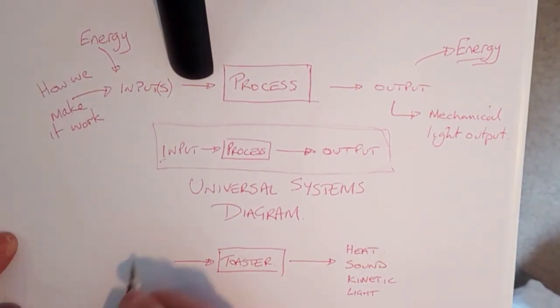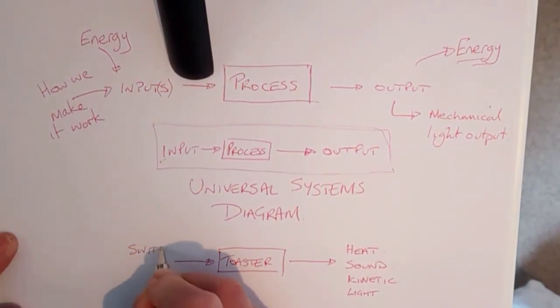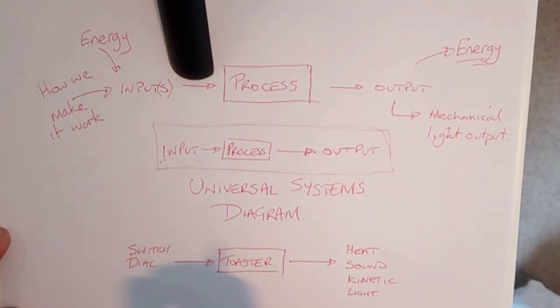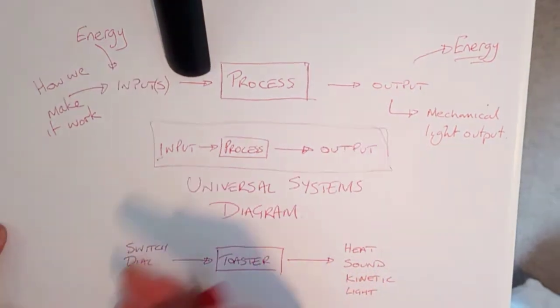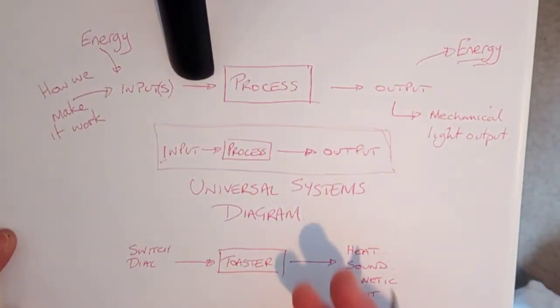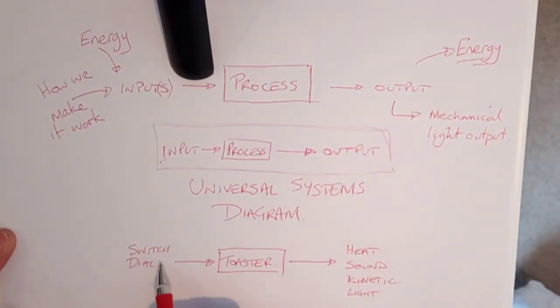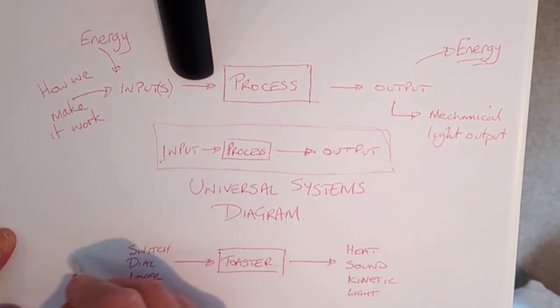Inputs: you may have a switch or a dial to set the toasting function to however brown you want your toast to be. Switch, maybe some sort of lever to push it down. These are all optional, you might only have one of these. And an input is going to be for energy, electricity. Usually the thing is going to be run on electricity.